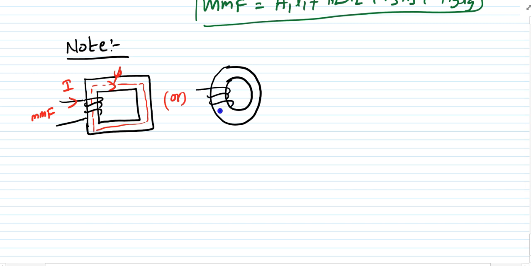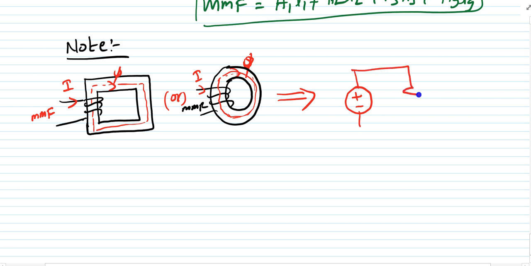We have the mmf and we have a current I, and this is the flux phi flowing through it. So this is the equivalent in electrical terminology that you can write here. This is nothing but your mmf, this is the reluctance, and this is the flux phi.